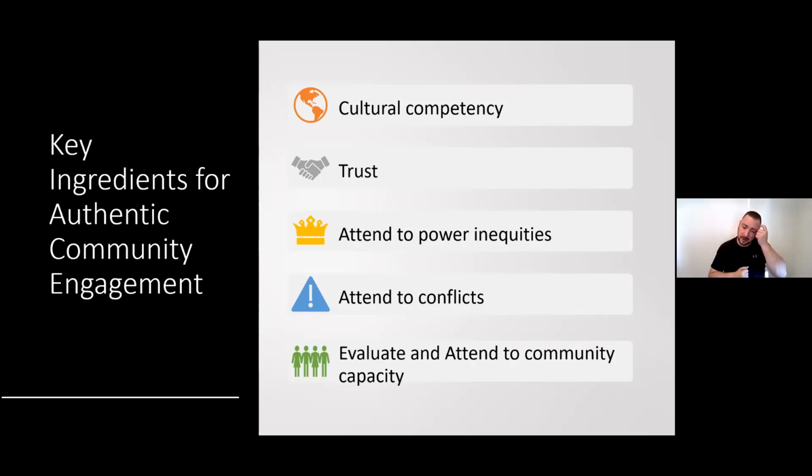And then also a lot of times when we work with community-based organizations, they may have limited capacity. So I'll just explain that. Capacity is basically the ability to address a particular issue, right? So you think about individual level capacity, you have leadership capacity, you have organizational capacity, and you have programmatic capacity.